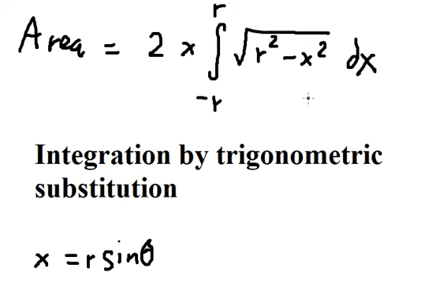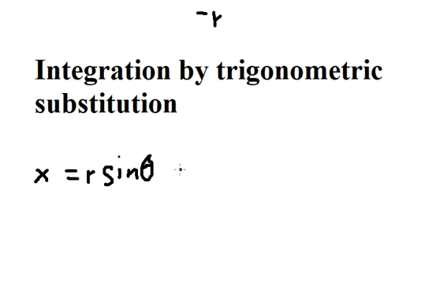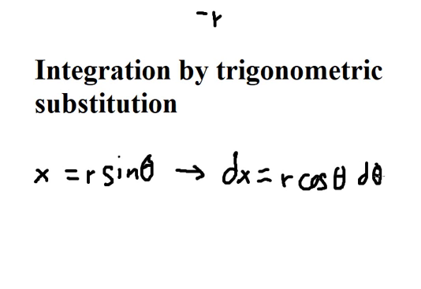We can do factorization. 1 minus sine theta square we change by cosine theta square, and later we simplify the square root. Next, we do first the derivative for both sides. And we have like this.